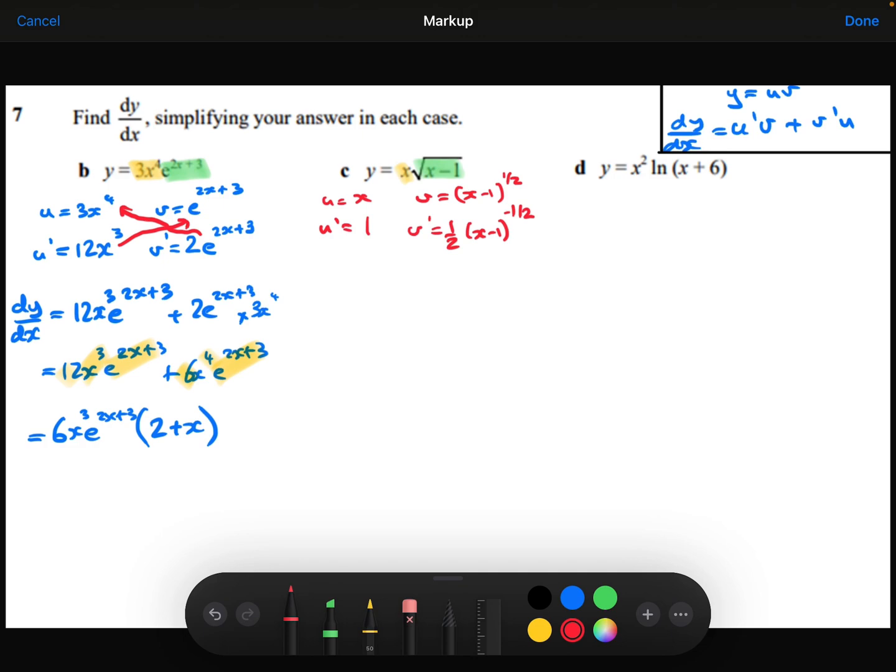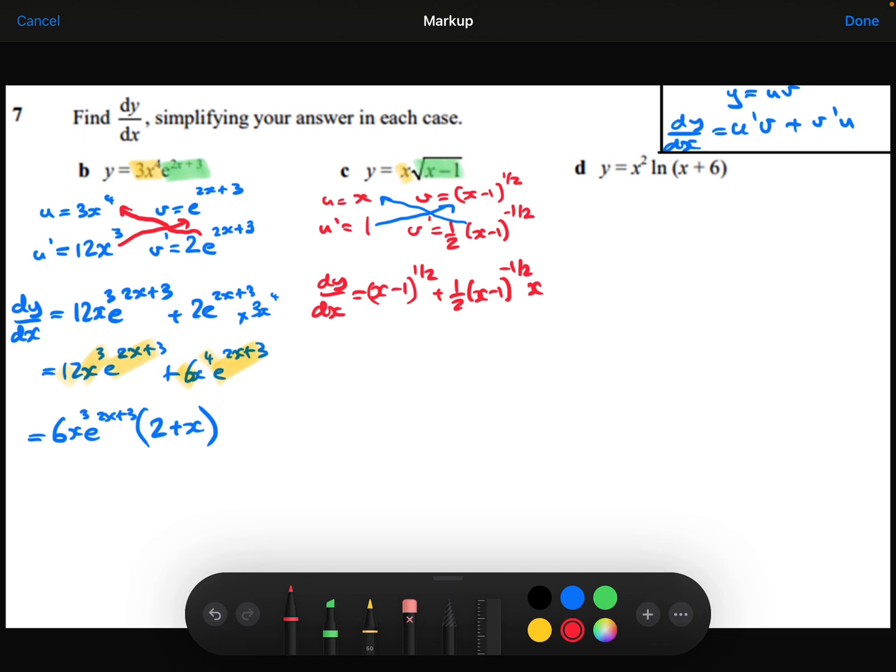Right, applying the product rule then, I've got u dash times v plus v dash times u. So we'll have 1 times the x minus 1 to the power of 1/2 plus x times 1/2 x minus 1 to the power of minus 1/2.